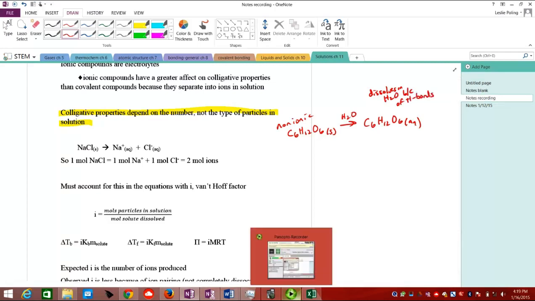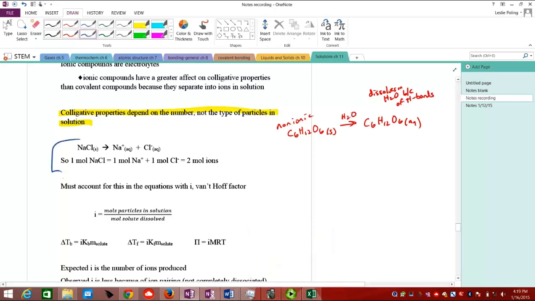It dissolves in water, excuse me, because of hydrogen bonds. Whereas an ionic compound over here separates into ions. So for sugar, 1 mole of this gives you 1 mole in solution. But for the ionic, 1 mole of sodium chloride gives you 2 moles of ions.